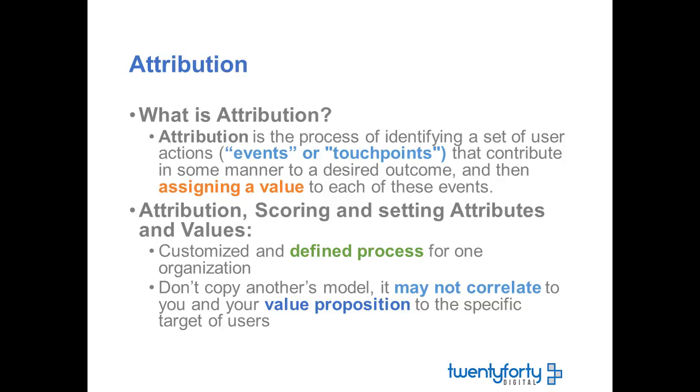So I want to cover, before I move forward, the concept of attribution. Attribution really does correlate back to events or touch points that contribute in some manner to a desired outcome. There are defined processes which allow those attributes to be scored, and again, those values assigned.